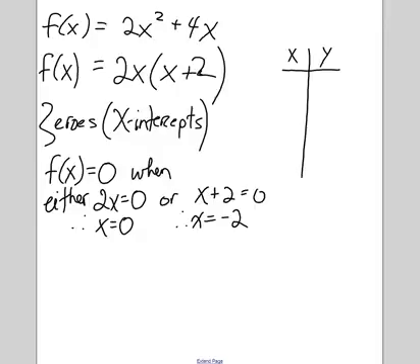Okay, so these are our two zeros. They are the points where y, or the function value, is 0. So we could plot those on a coordinate grid, 0 and negative 2.